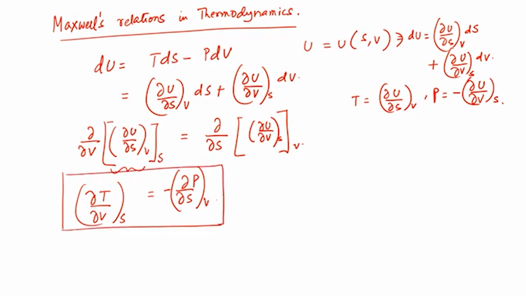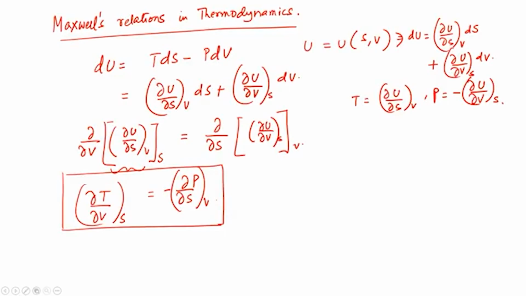Okay. And there are 4 Maxwell's relations which we are going to derive. Let us look at something very interesting here. If you look at the first line that you see here, there is really an amazing mathematical feature embedded into this first and second law.